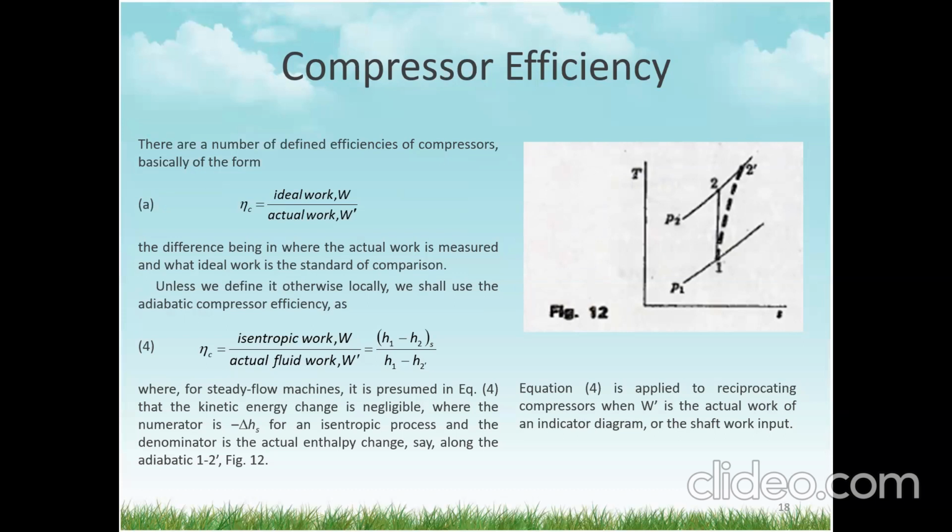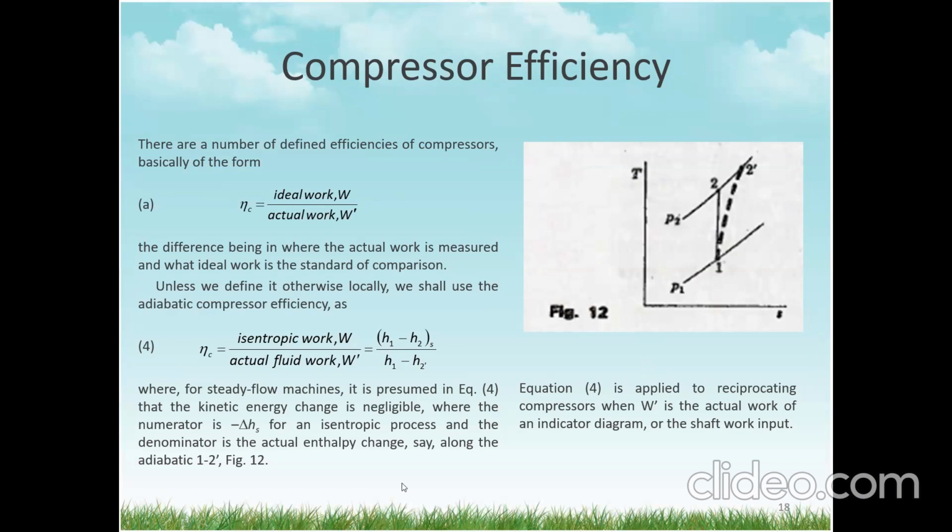The difference is in where the actual work is measured and what the ideal work is, the standard comparison. Unless we define it otherwise locally, we shall use the adiabatic compressor efficiency, which is the isentropic work divided by the actual fluid work, or H1 minus H2 isentropic over H1 minus H2 prime in figure 12.